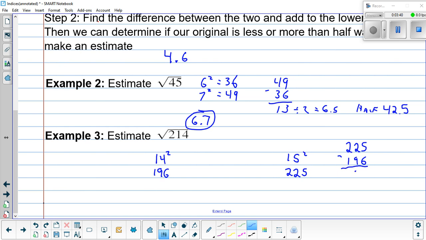So that is 29 divided by 2, which is 14.5, added on to our 196. So that'll be 210.5 is our mid. We're looking at 214, so I'm just going to guess, let's just say it is 14.6.